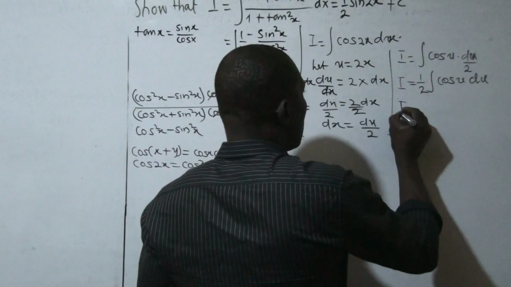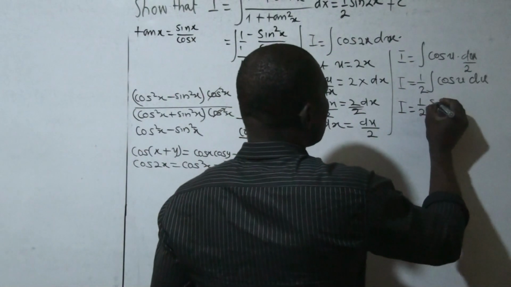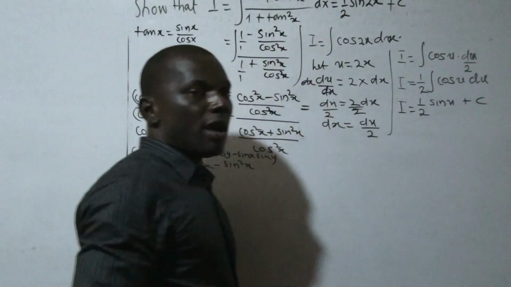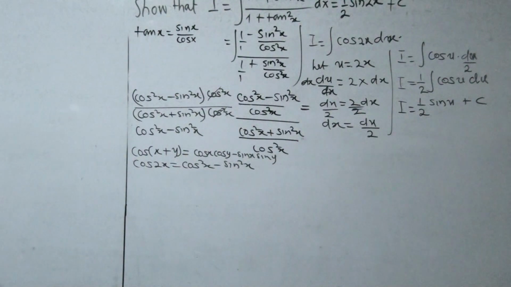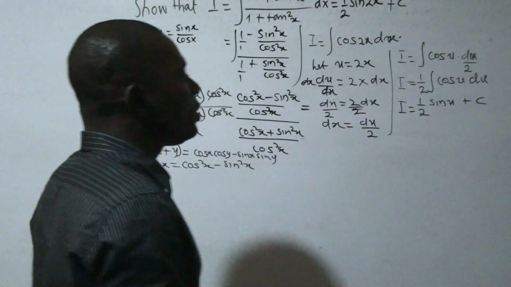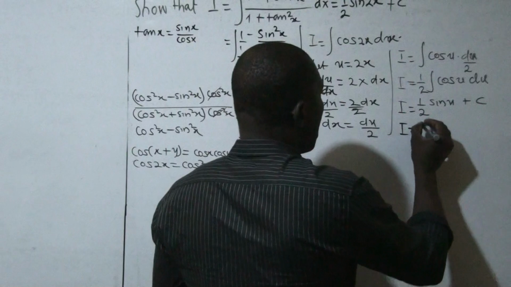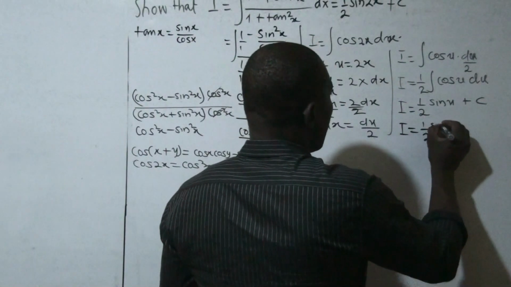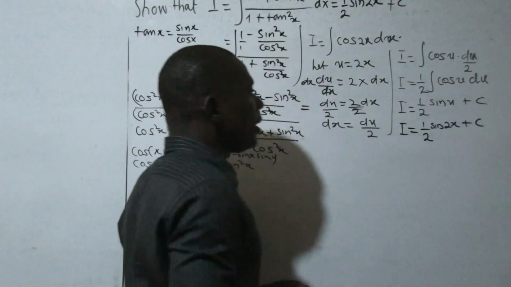So our integral becomes 1 over 2 sine u plus an arbitrary constant. Because we said let u is equal to 2x, we substitute the value of u in this place, and this becomes half sine 2x plus the arbitrary constant.